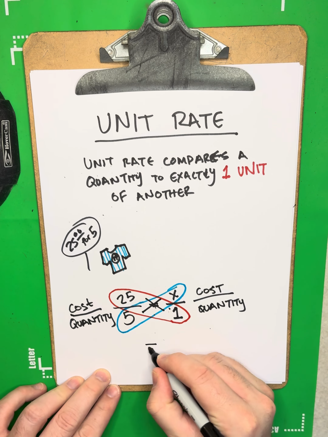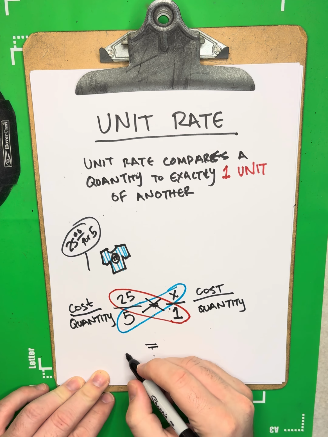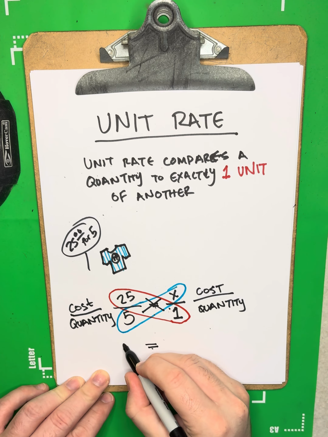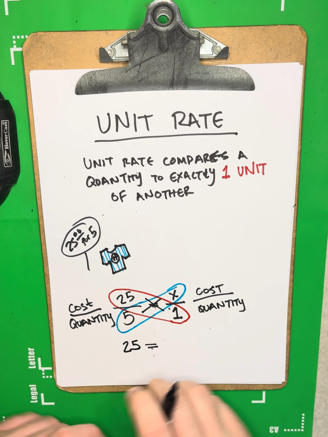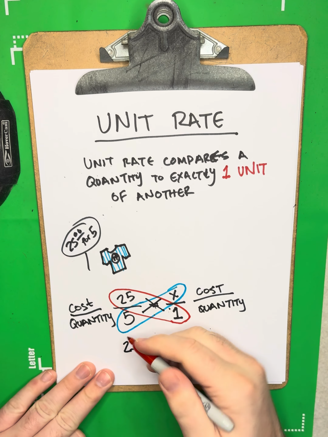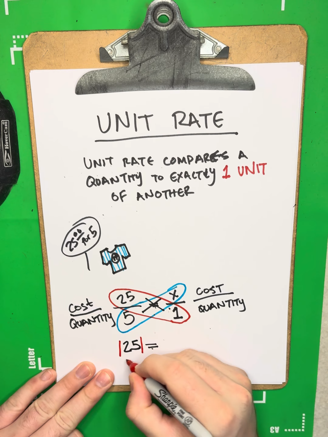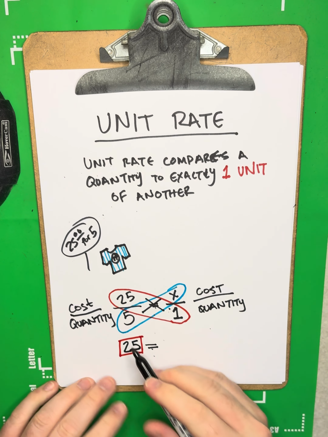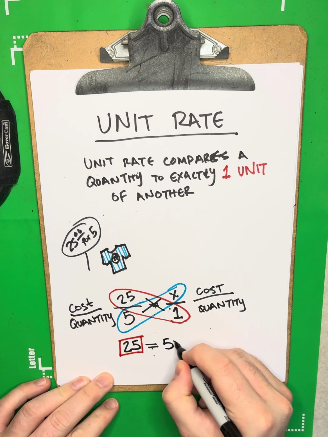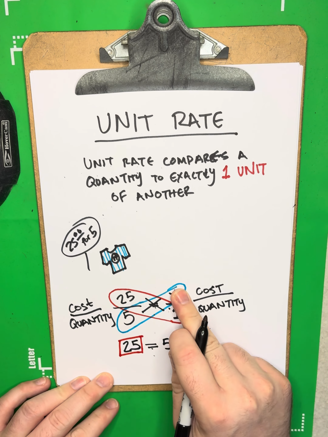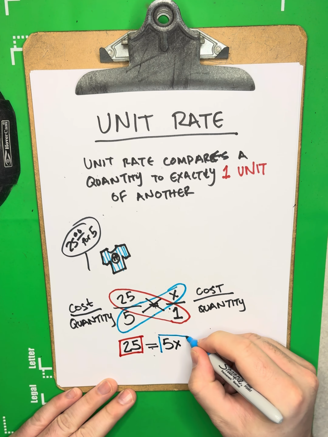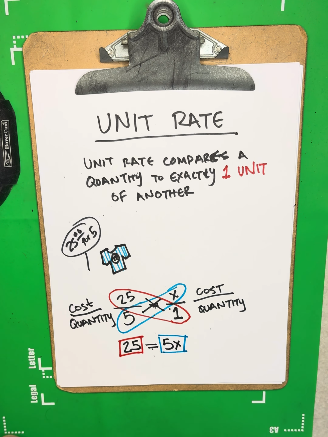So on one side of the equal sign, let's do this one first, 25 times 1, which we know is 25. And I'll put that here so it's clear which direction we're going. Now 5 times x, that's going to be in our blue box, just keeping this color-coded for everybody.